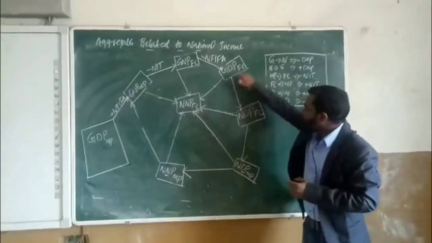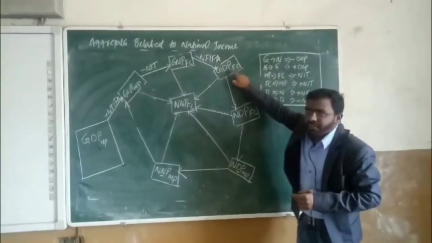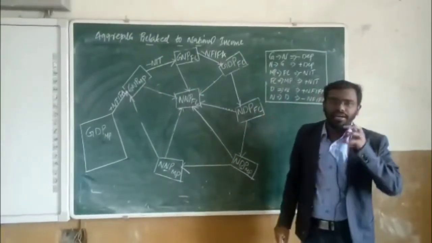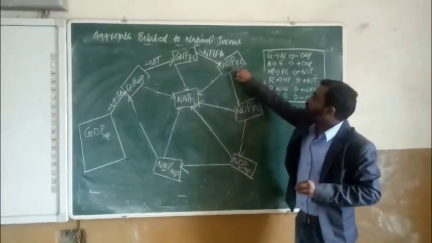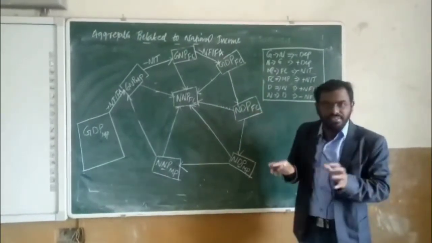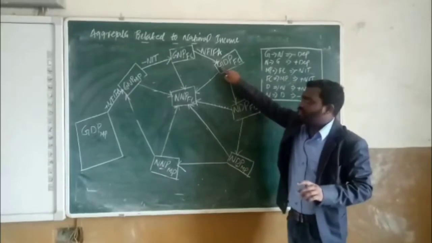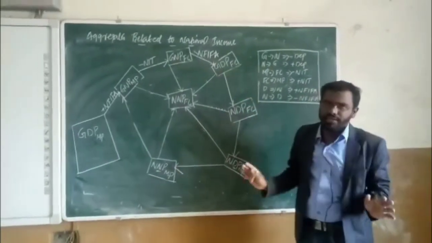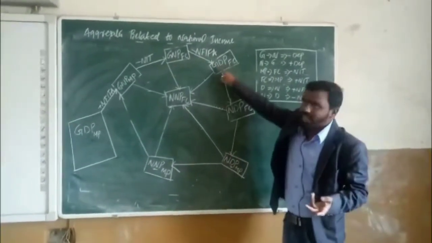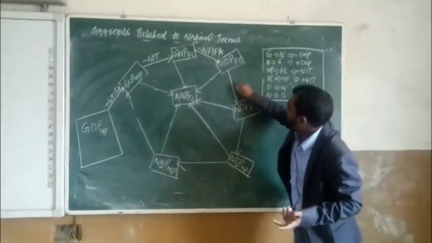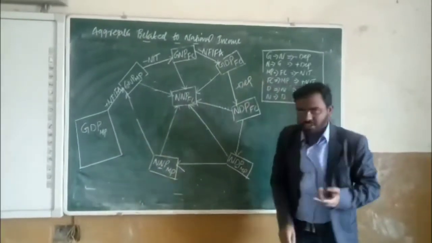Understood? Next one, GDP-FC is changed into NDP-FC. DP-FC and DP-FC are the same, and the difference is G is changed into N. How? By subtracting depreciation.